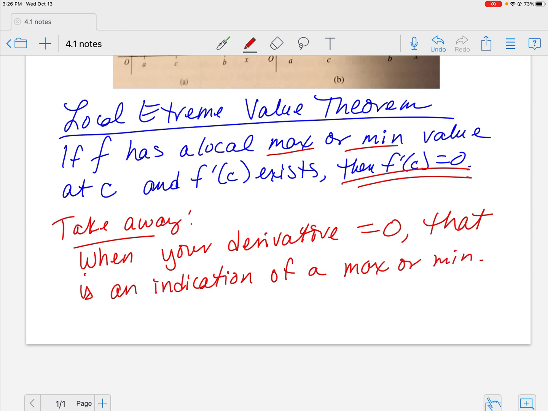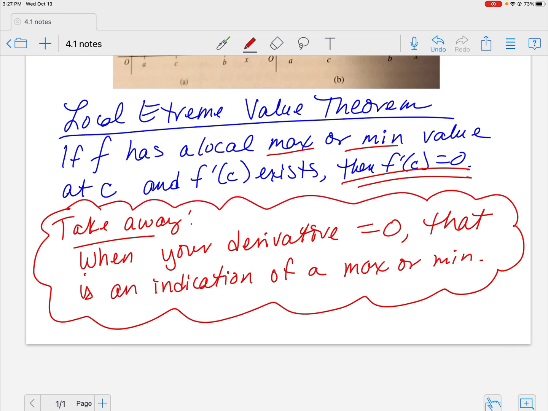Now, I don't know if it's an absolute or not. We have to look at that in relationship to the other ones. But I definitely know there is a maximum or a minimum.